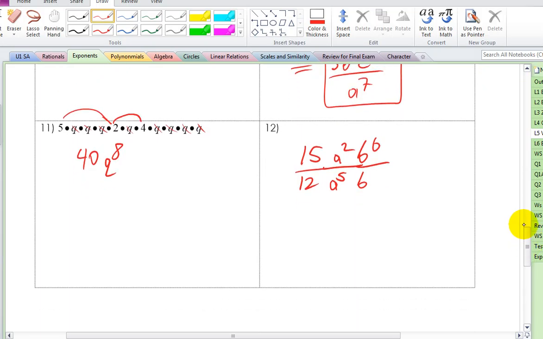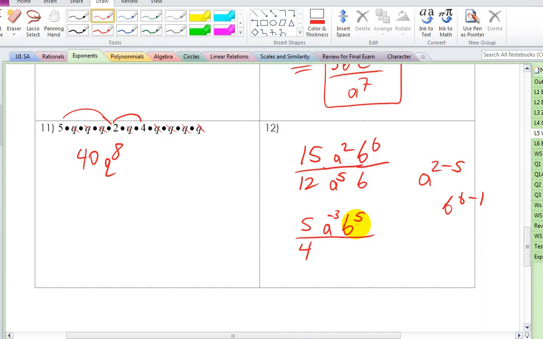So what we do here is we put it in lowest terms. What can we divide them both by? 3. So we would get 5 over 4. What about the a and the b? So on the a, it would be 2 minus 5, negative 3. And on the b, it would be 6 minus 1. Good.